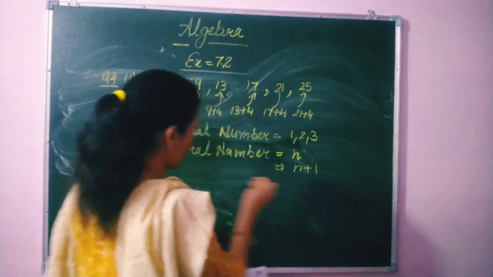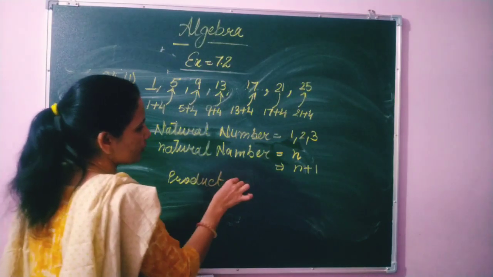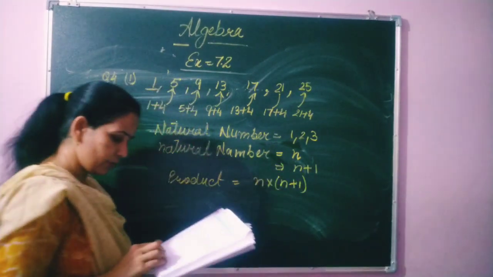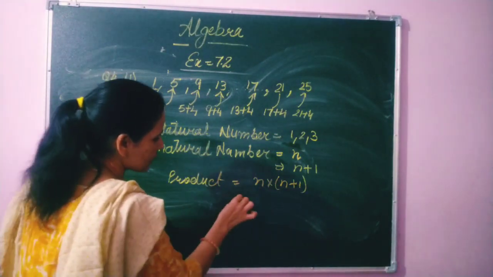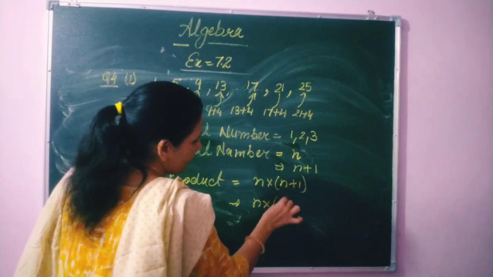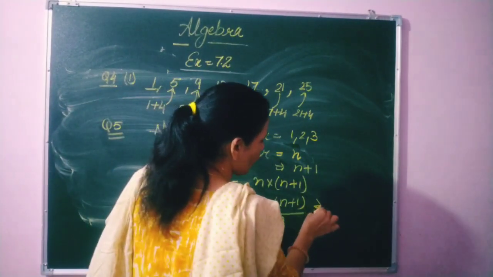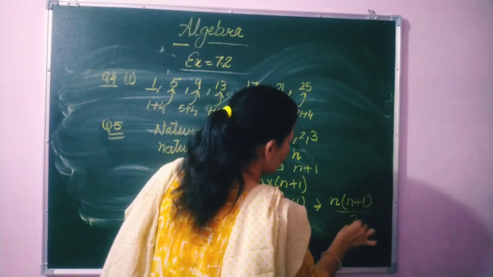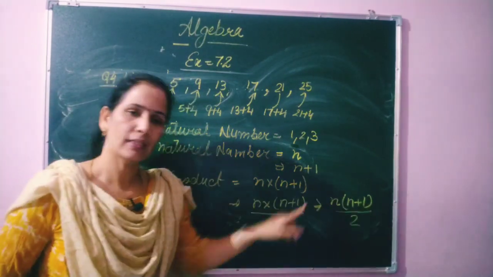The product of these two is n multiplied by n plus 1. And then half of the product means n multiplied by n plus 1 divided by 2. So this formula we generalize by using algebra.